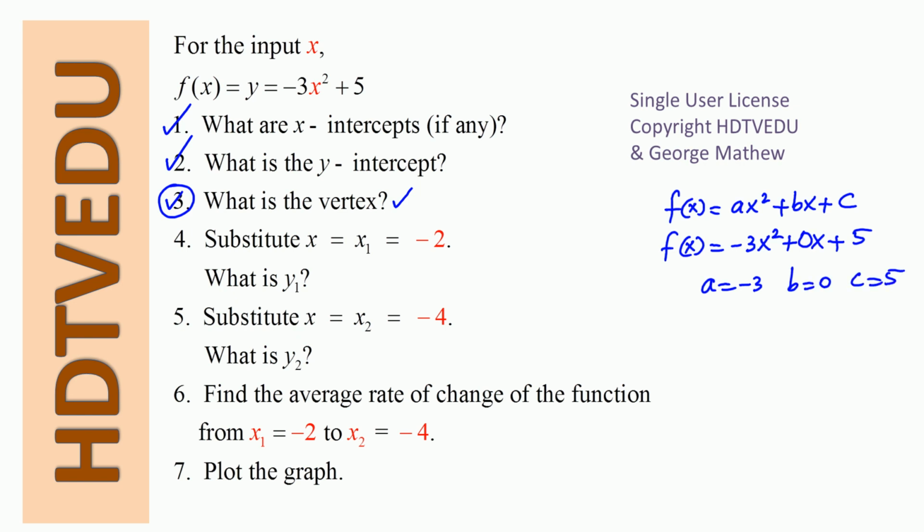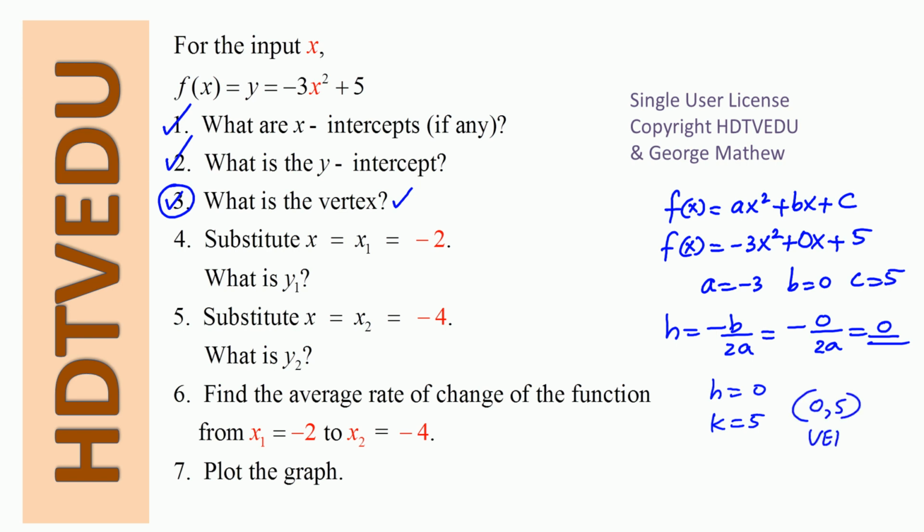What is the vertex? h equals negative b over 2a. So negative 0 divided by 2a, and 0 divided by anything is 0. When we substitute, h is equal to 0, what do we get? k is equal to 5. So h is equal to 0 and k is equal to 5. So 0, 5 is the vertex.